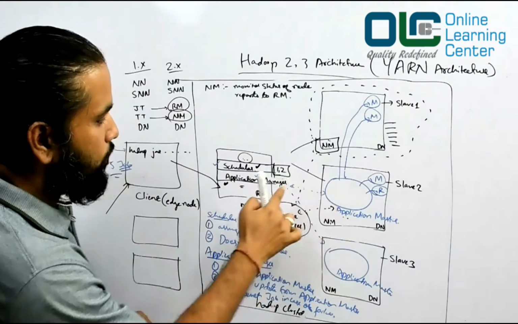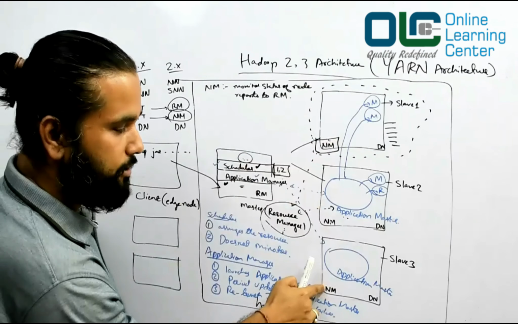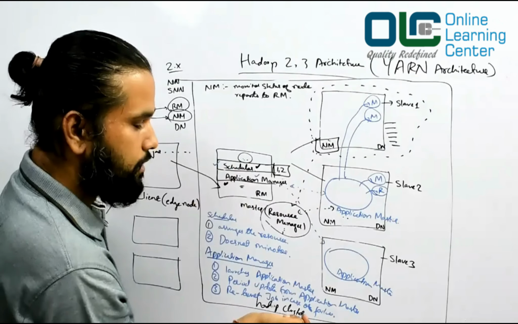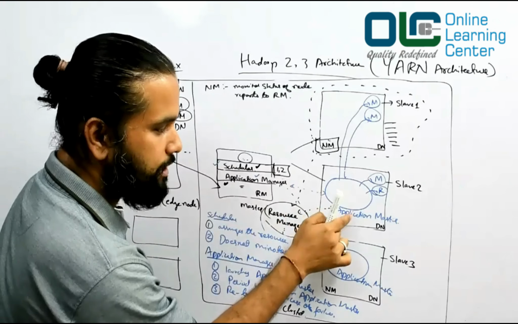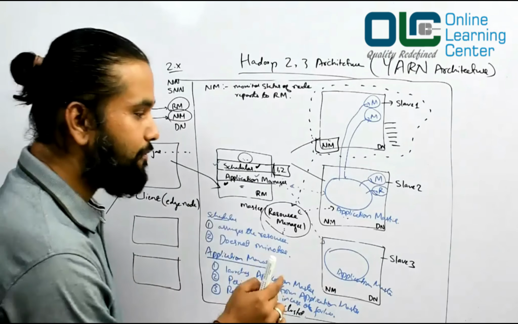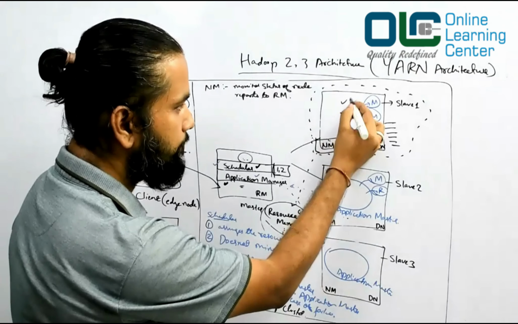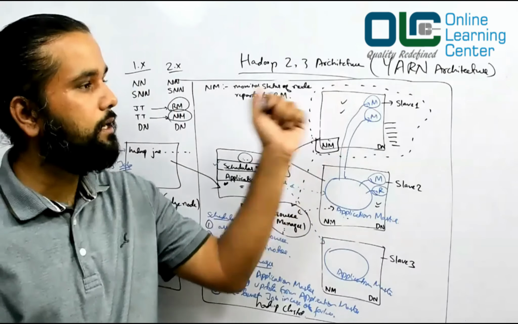This guy would talk to the resource manager, says, your scheduler has negotiated something for me, tell me that. This information would be passed by the resource manager to the application master, and the application master now understands, okay, I have to run a job here and here. Accordingly, it basically starts the container.